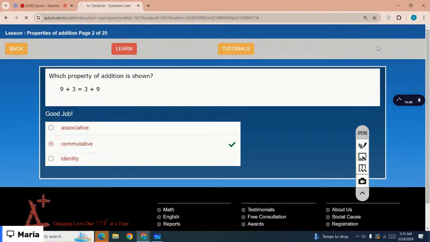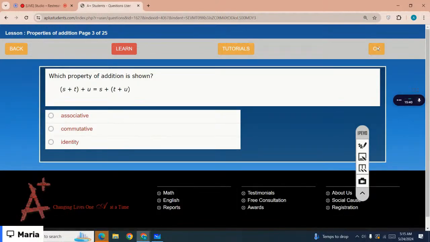Which property of addition is shown? S plus T plus U, S plus T plus U. So which is the correct option? Associative, commutative, or identity? You can see three numbers are involved, right? On both sides, you have three exactly the same numbers.